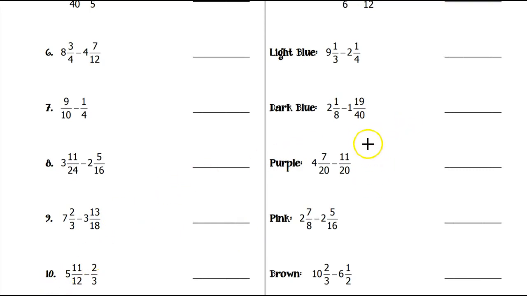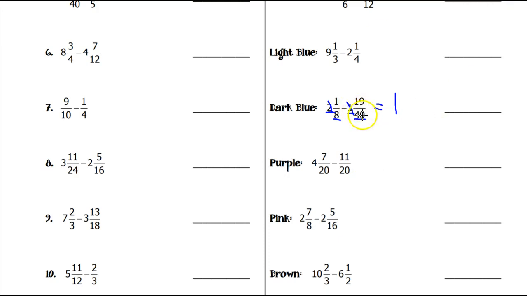Okay, let's try this one right here that's dark blue. So let's start with my whole numbers. I have 2 minus 1. 2 wholes minus 1 whole gives me 1, so I'm done with those. And then I have the numbers 8 and 40.